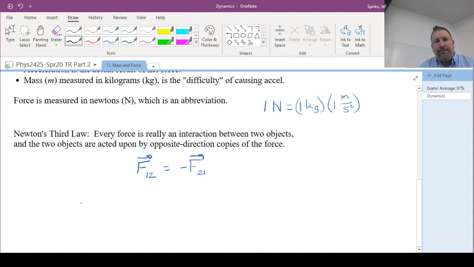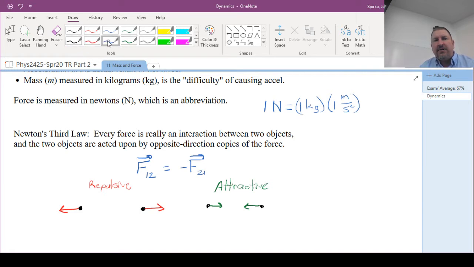And here's some examples of pairs of forces. We could have a repulsive force where the two objects are pushed away from each other. We could have an attractive force where the two objects are pulled toward each other, which is the gravity example I gave.